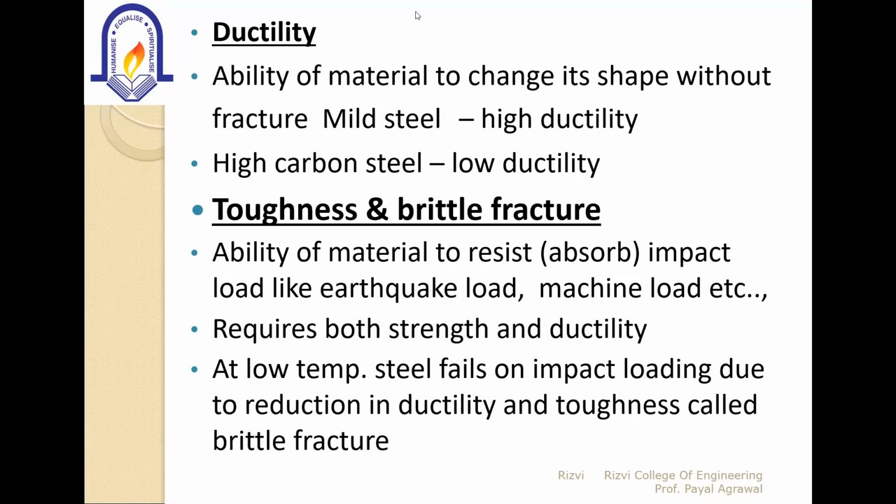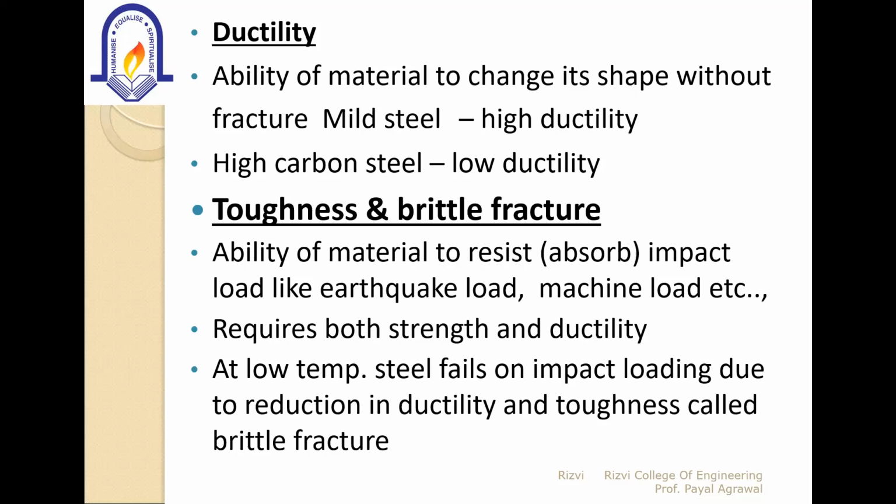Whichever material absorbs loads, the different types of loads like earthquake load, machine load, whichever material has the property to absorb the load like earthquake or the machine load, that comes under brittle fracture.